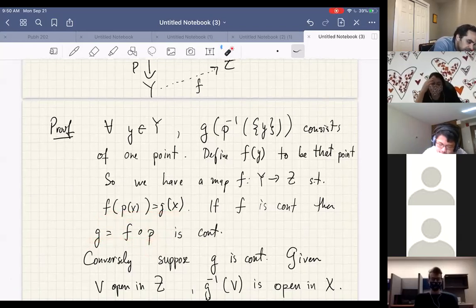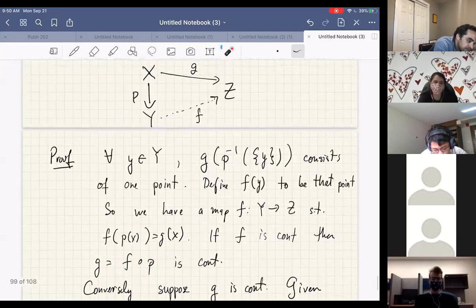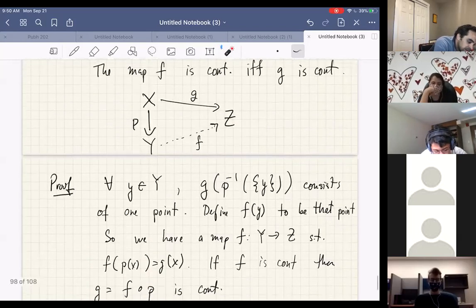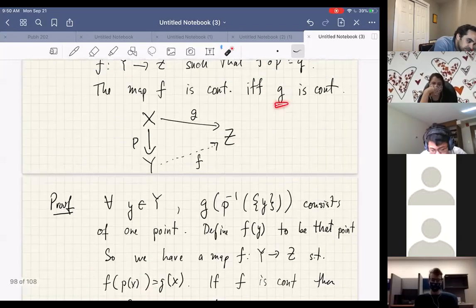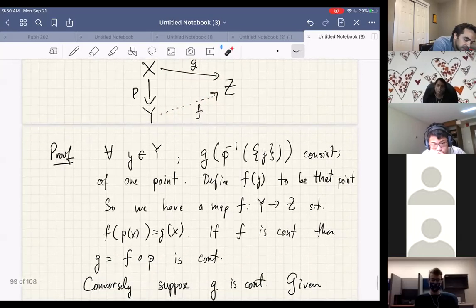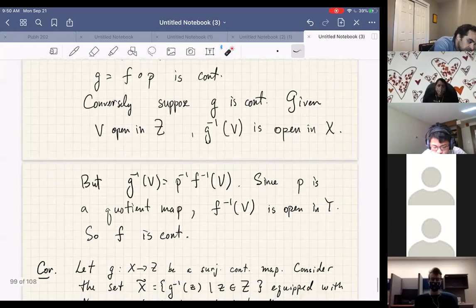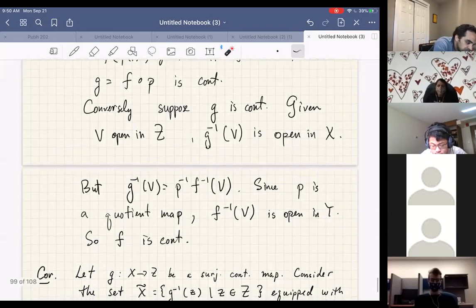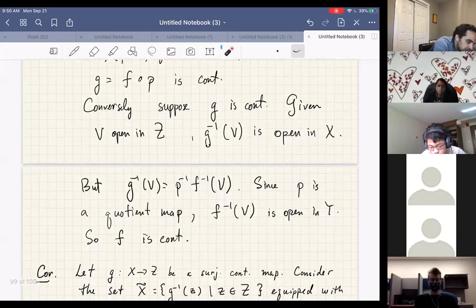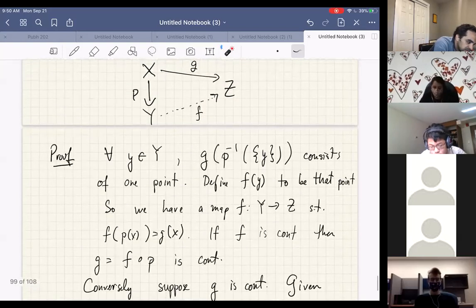And conversely, now I want to argue that if G is continuous, then the induced map F is continuous as well. And there I'm going to use the fact that P is a quotient map. So suppose G is continuous.